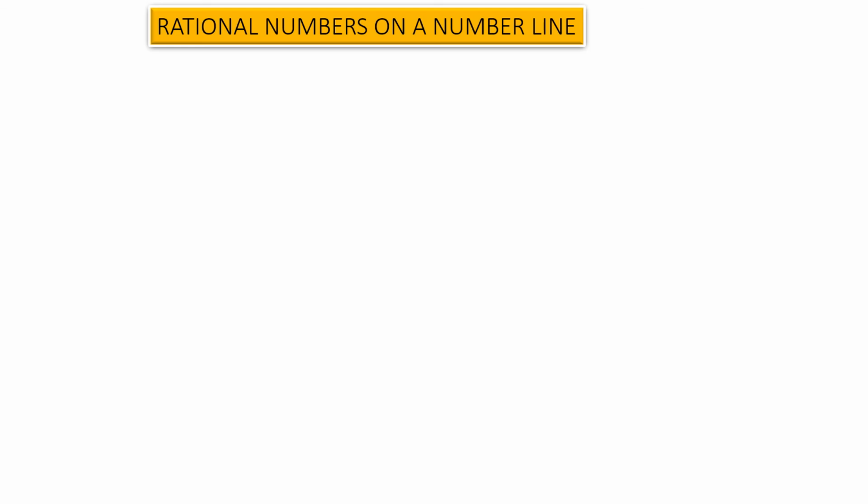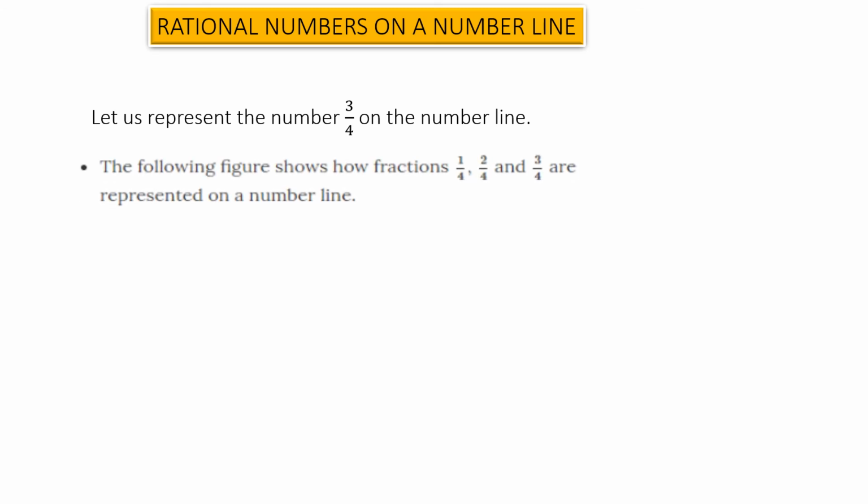Rational numbers on a number line. Let us represent the number 3 by 4 on the number line. The following figure shows how fractions 1 by 4, 2 by 4, 3 by 4 are represented on a number line. Here 3 by 4 is a proper fraction and it lies between 0 and 1, and the denominator is 4.